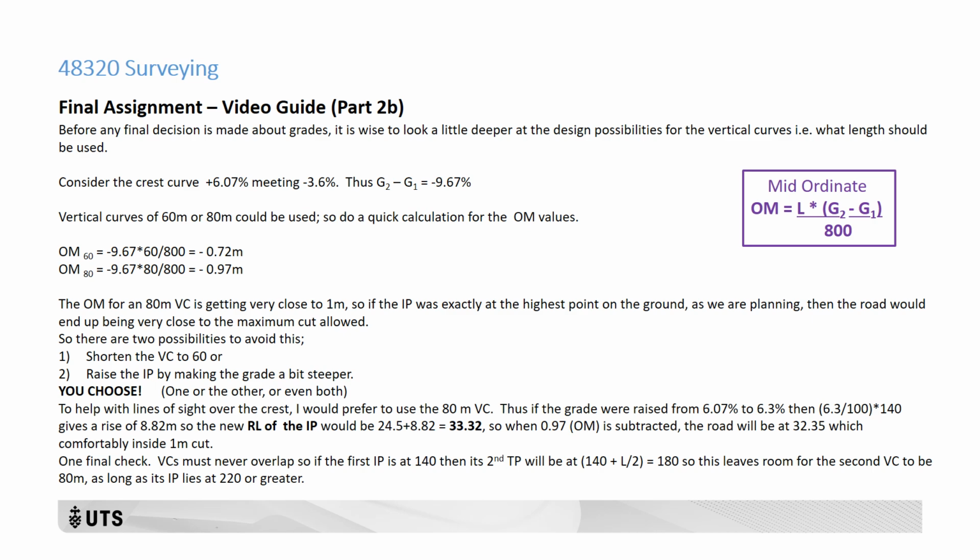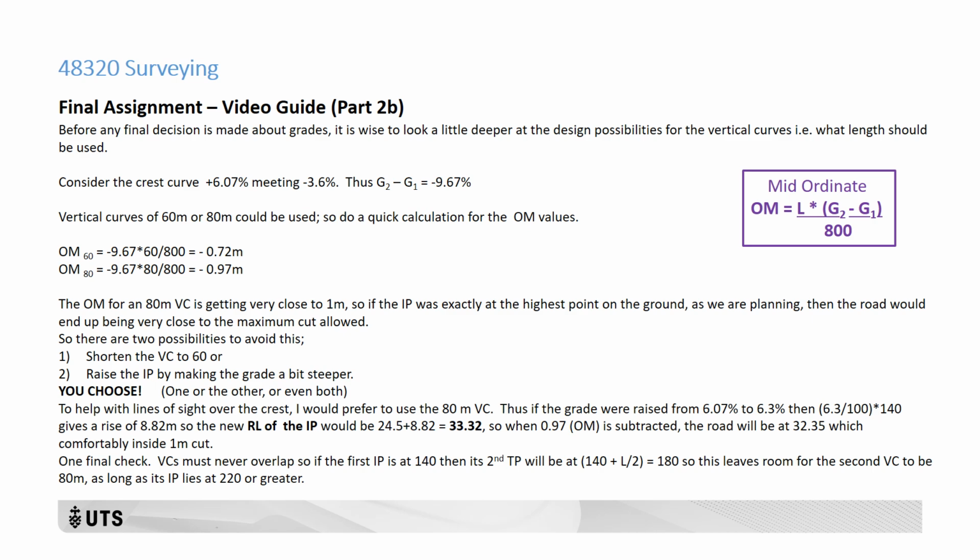From my point of view, because a longer curve gives you greater line of sight over the crest, I'd prefer to use an 80 metre vertical curve. So I decided I'd like to lift the grade, make it a bit steeper. As a first guess, I'm going to try, let's say, 6.3%. So 6.3% times 140 gives me a rise of 8.82 metres.